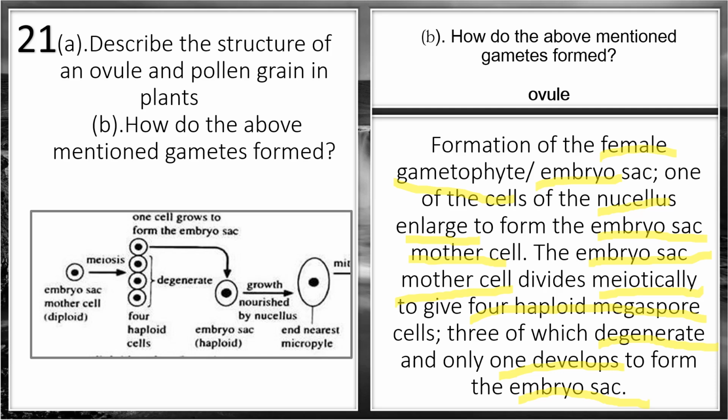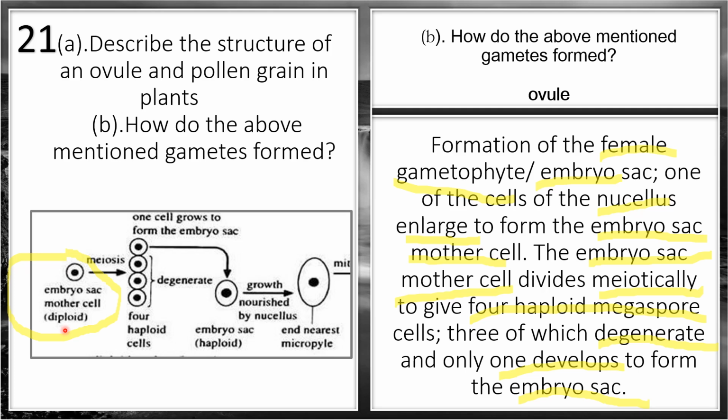So when you look here, we have the embryo sac mother cell. This embryo sac mother cell undergoes mitotic division, and when it does, it forms 4 haploid cells. The embryo sac mother cell is diploid.